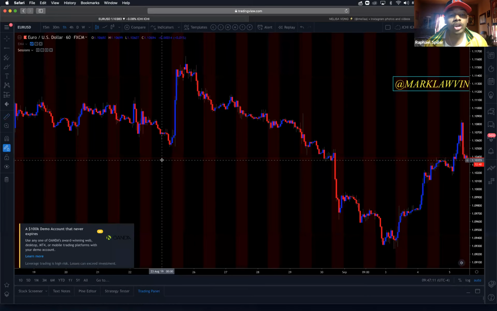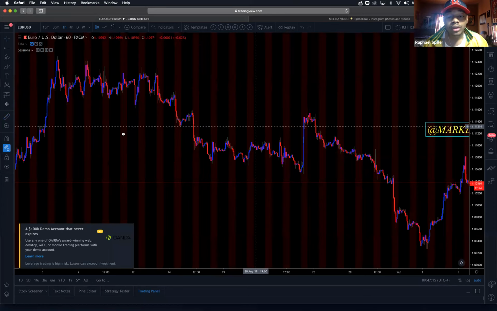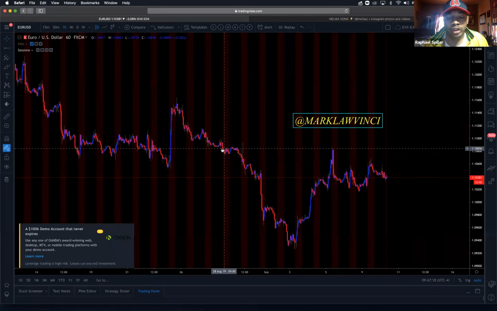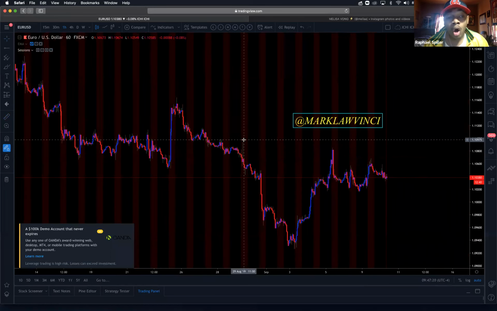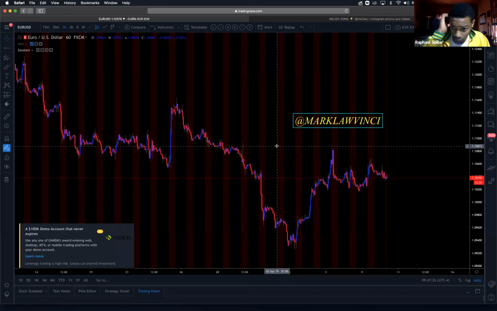What you can do is go back and count how many pips it is, and you'll know the average. Pretty much, oh well, EUR/USD averages 40 pips every New York session. Meaning that you know the minimum EUR/USD is going to go is 30, 40 pips.